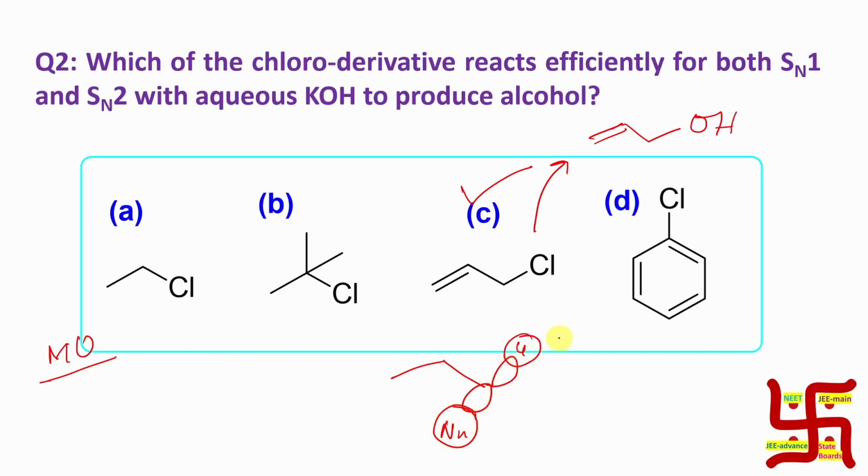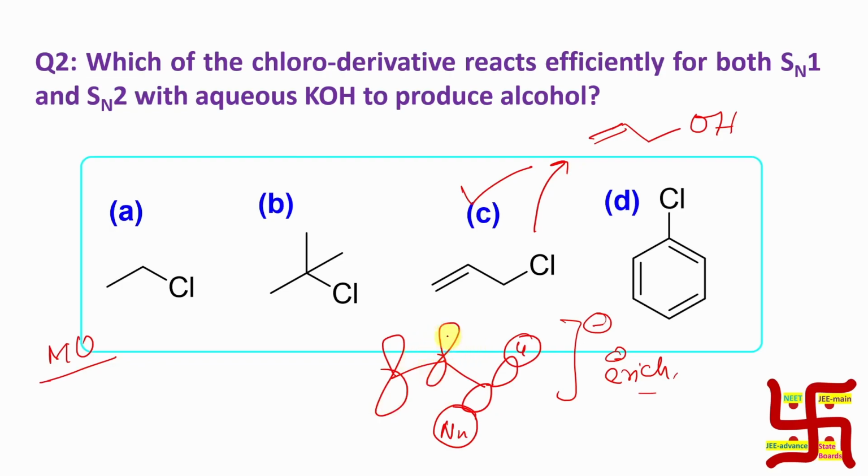So this transition state is negatively charged, you can consider it electron rich. This electron-rich transition state is stabilized by conjugation with the alkene. How? This is one pi bond, this is one pi bond, so this makes the alkene.